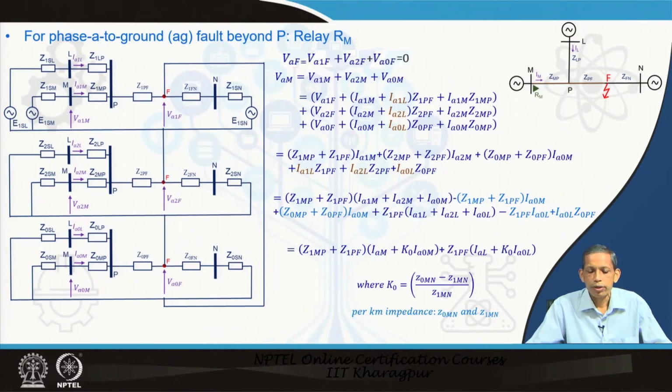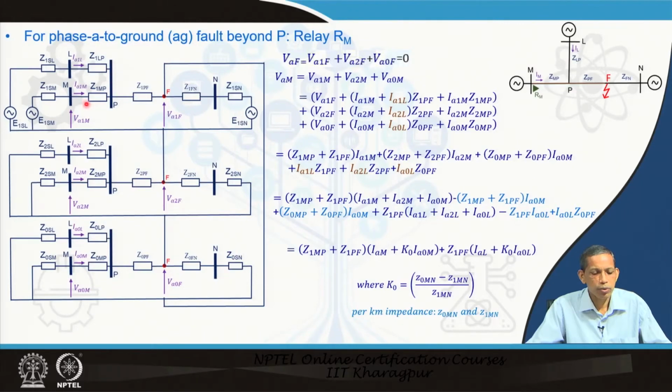Now, you see here this VAM, the relay bus voltage during the line to ground fault, will be available from this calculation related to the sequence component analysis. What we see here is that we have these three components VA1M, VA2M, VA0M, similar to what we analyzed in earlier discussions also.